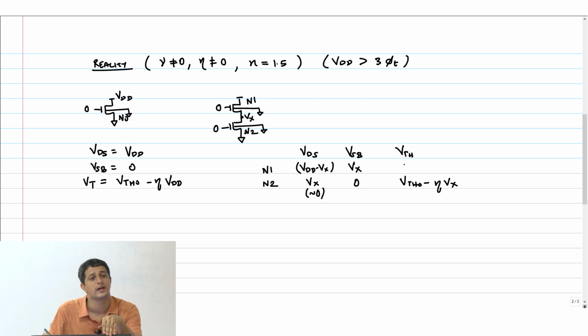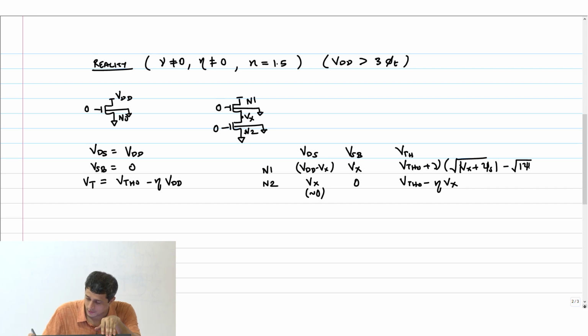Now VTH therefore should be VTH naught plus gamma times root of Vx plus psi s, minus root of mod psi s, and minus eta times VDS.